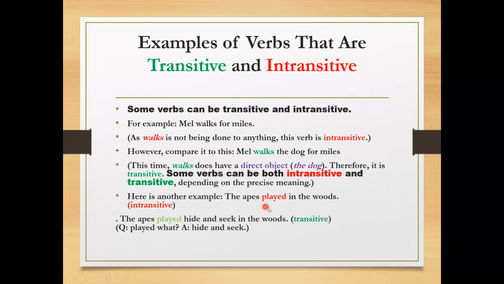Again we have the same verb, played. Before it worked as an intransitive verb, and here it works as a transitive. Played what? Hide and seek. In the first sentence, played what? We don't have any answer in the woods.